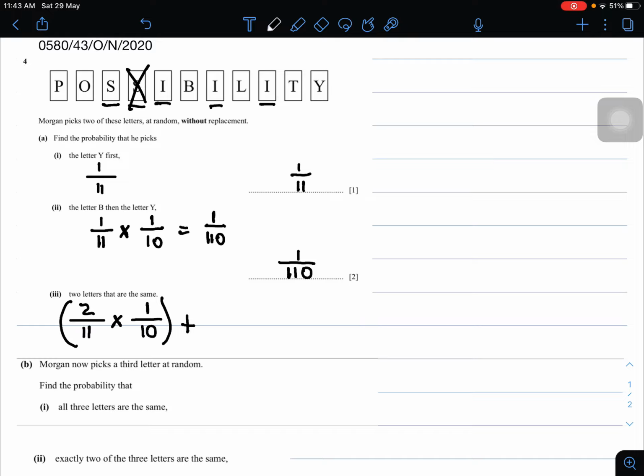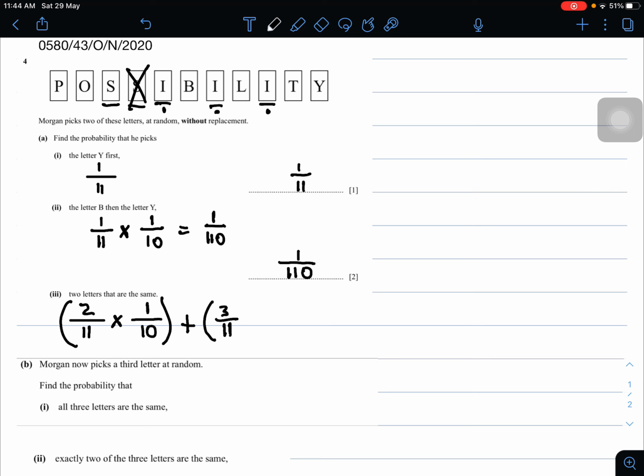You then add the probability of getting two I's. So the probability of getting an I on the first pick would be 3 out of 11, because there are 3 I's, as you can see over here, 1, 2 and 3, and there are a total of 11 letters.